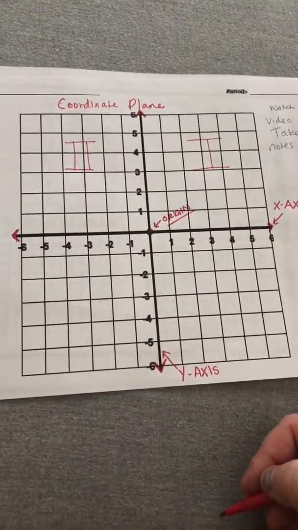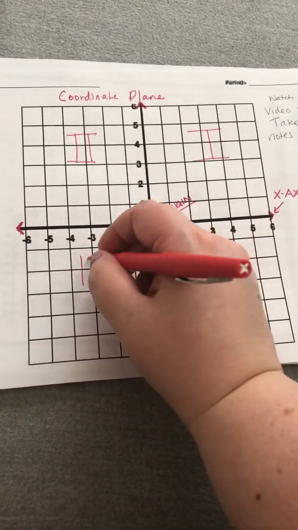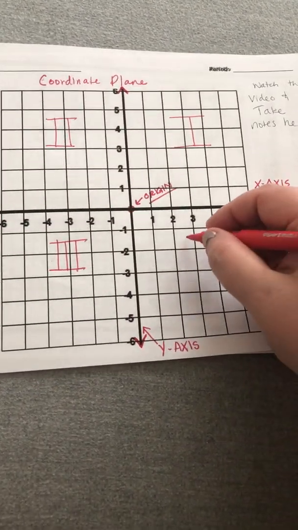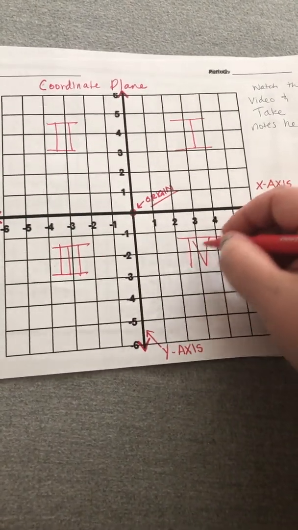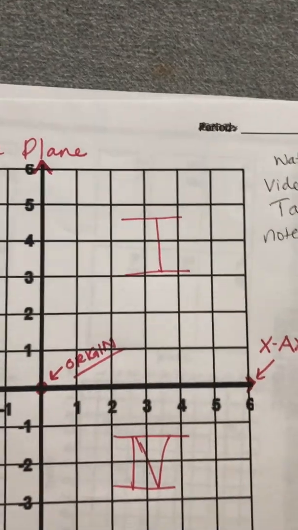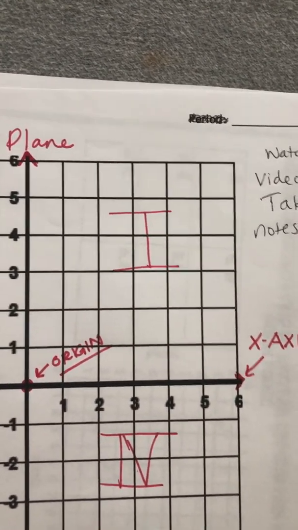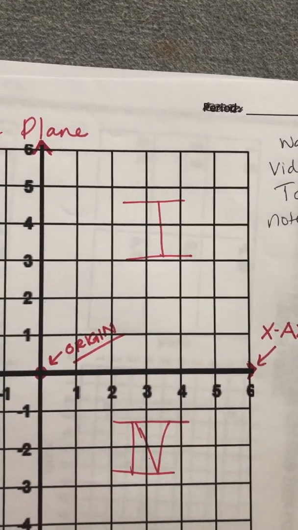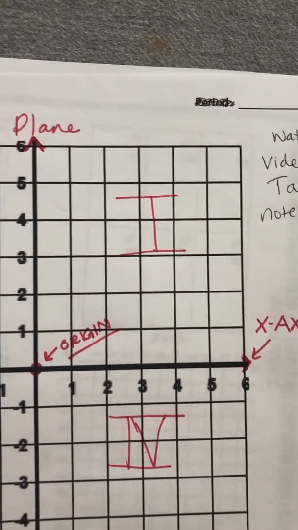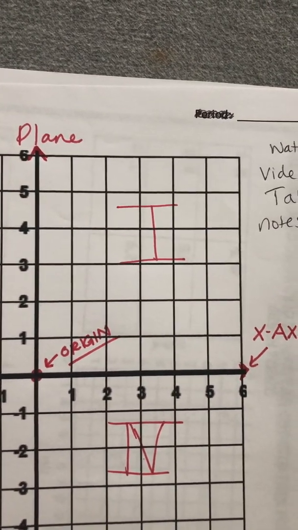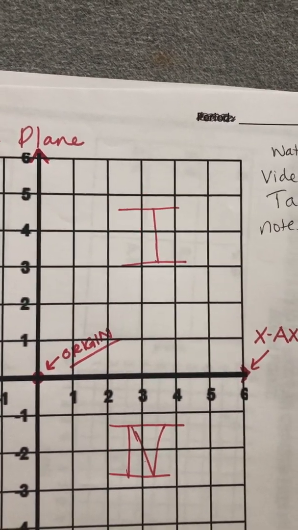Quadrant 2, it goes in a circle, quadrant 3, and quadrant 4. In 5th grade, you only have to know quadrant 1, and you need to know it very well. So we're going to learn a little bit about this. Too bad, if we were in class, I have a really fun lesson, but that's okay. We'll do this.